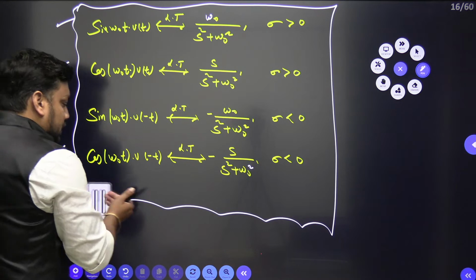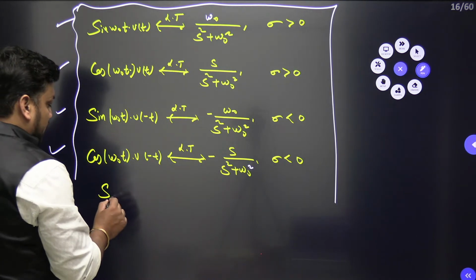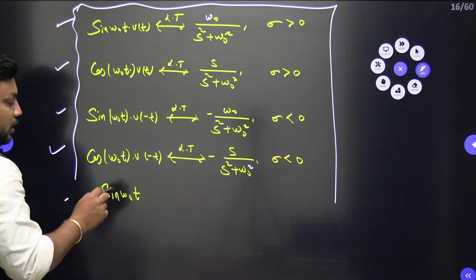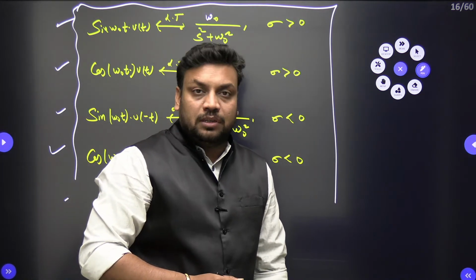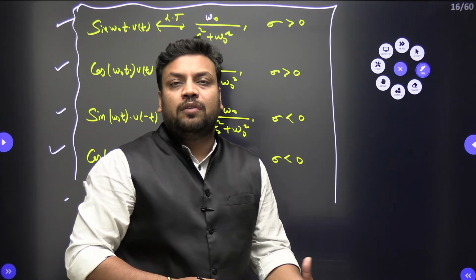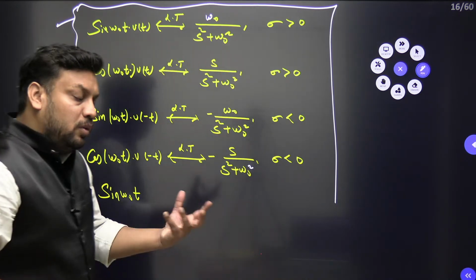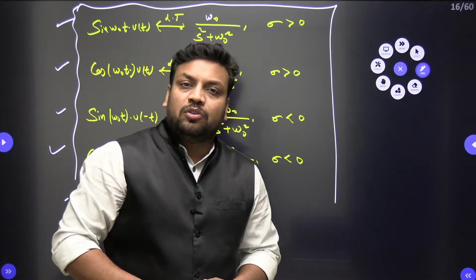So as far as ROC is concerned, as far as bilateral Laplace transform is concerned, if I talk about only sin omega 0 t, ideally, if I ask to find the Laplace transform of sin omega 0 t in control systems, by default we always talk about the t equal to 0 plus region. Because of the 0 plus region, sin omega 0 t will behave as sin omega 0 t u(t) only.